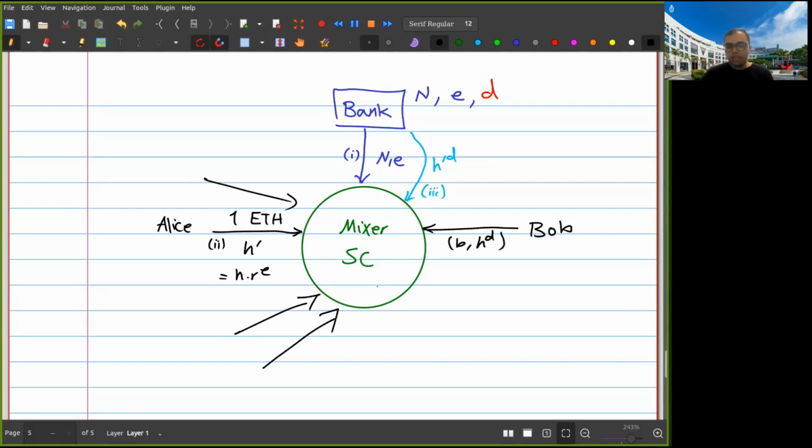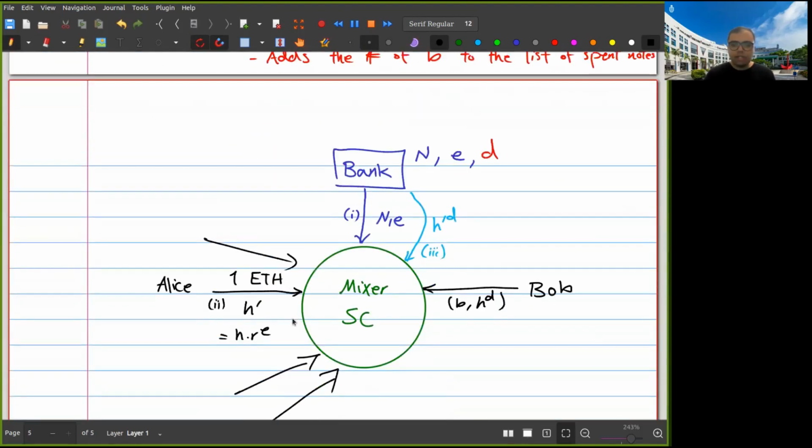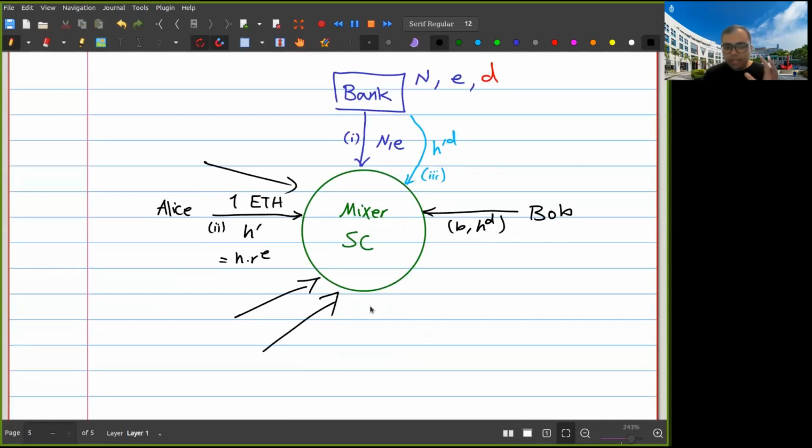And now again, the mixer can do the job of the bank. It can verify that the signature is correct, because here's the thing. Again, the mixer could not create a signature because it's a smart contract. It cannot have a private key saved in it because then it would not be private, but it can always verify signatures. So I only needed the bank here to give me the signature.